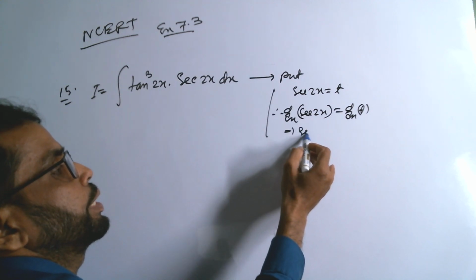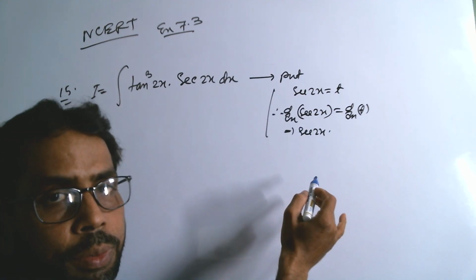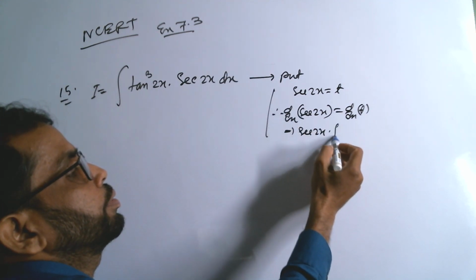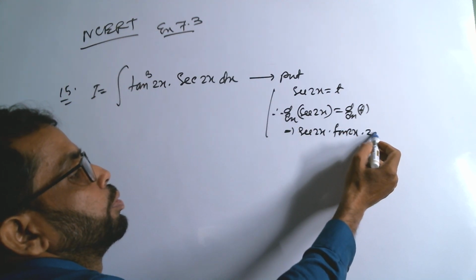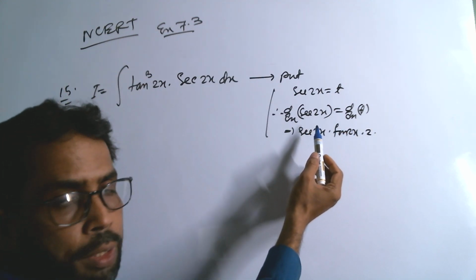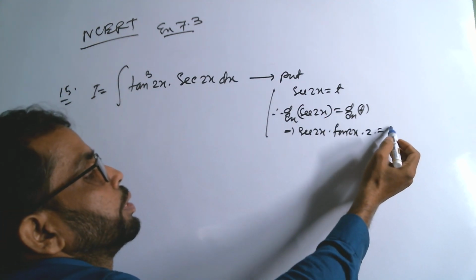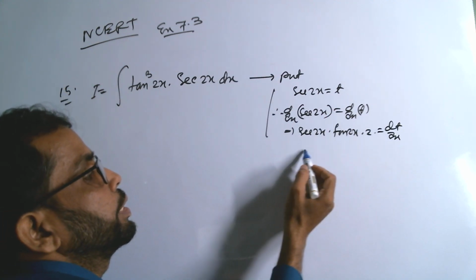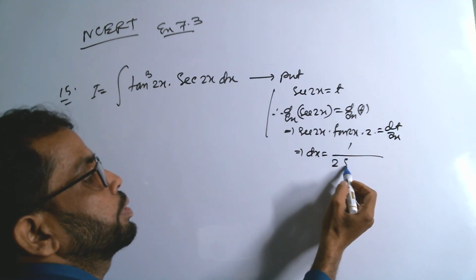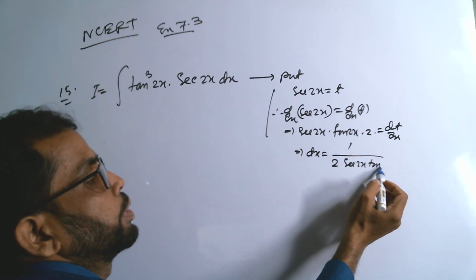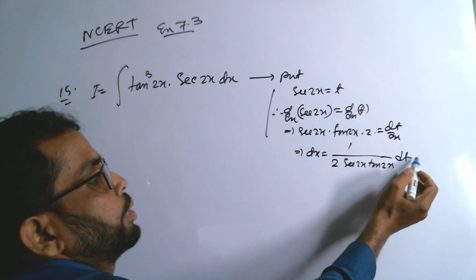The derivative of sec x is sec x tan x, so it is sec 2x into tan 2x, into the derivative of 2x, which is 2, by the chain rule. So 2 sec 2x tan 2x equals dt by dx, and then we find dx: dx is 1 by 2 sec 2x tan 2x into dt.